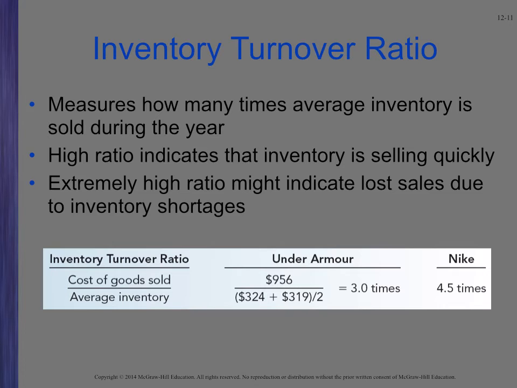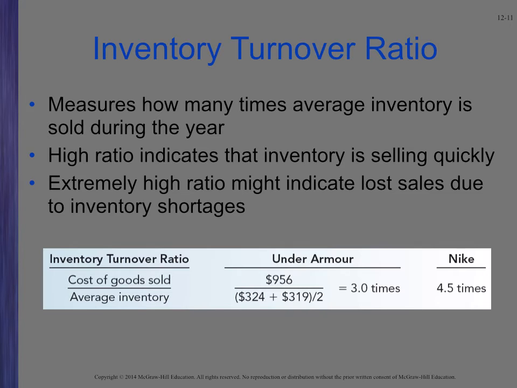Again, this illustration provides the inventory turnover ratios for Under Armour and Nike. Inventory at Under Armour turns over on average 3 times per year, compared to 4.5 times per year at Nike.